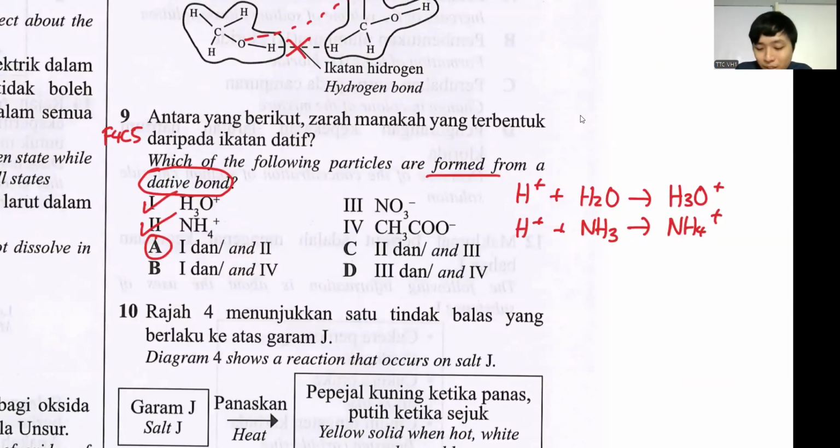For the hydrogen ion, the oxygen has a lone pair of electrons, which can be shared to the hydrogen ion. Ammonia, the nitrogen from ammonia, also has a lone pair of electrons, the extra 2 electrons, shared to the hydrogen ion. Both can form the compound here.